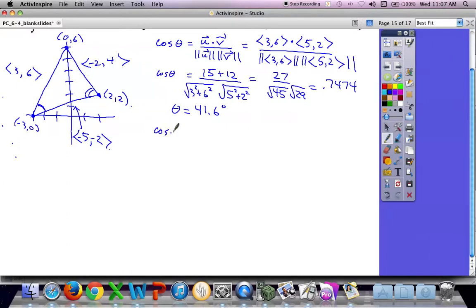We'll have the cosine of theta equals u dot v, <-5, -2> dotted with <-2, 4>, divided by the magnitude of <-5, -2> and the magnitude of <-2, 4>.